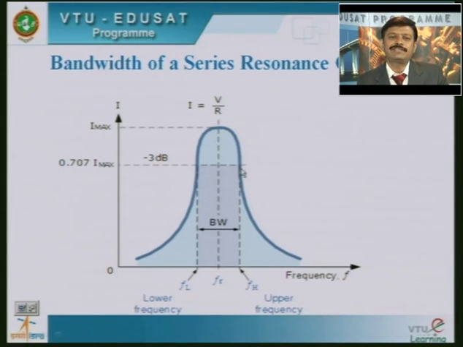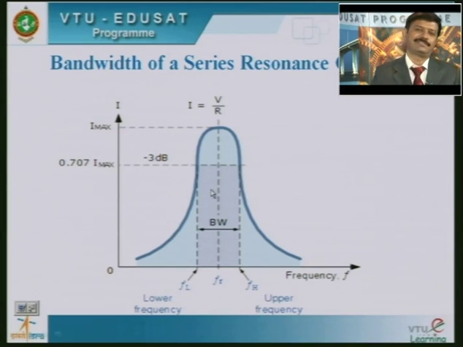This width is bandwidth BW. The difference between the 2 cutoff frequencies, upper cutoff frequency and lower cutoff frequency, FH minus FL, is called bandwidth. Here you can observe FL is lesser than resonant frequency, FH is greater than resonant frequency. If frequency is less than resonant frequency, the circuit is capacitive in nature.